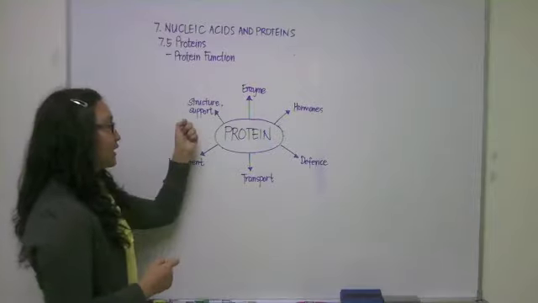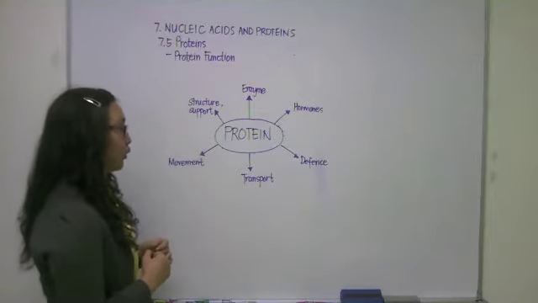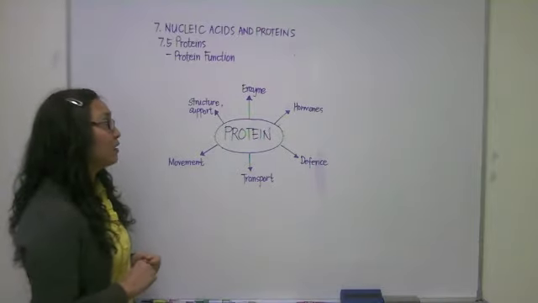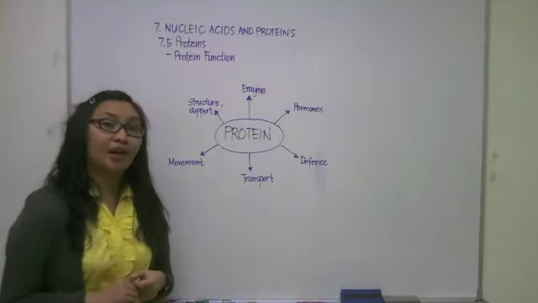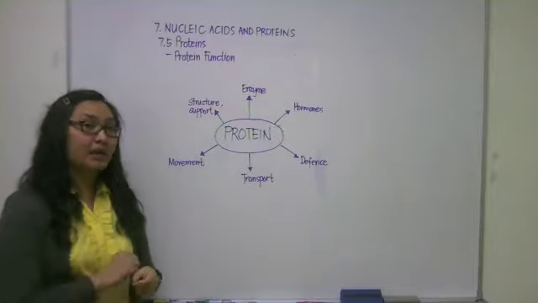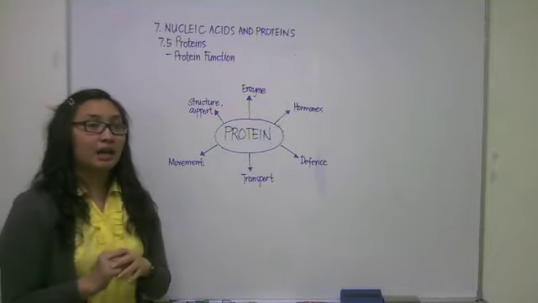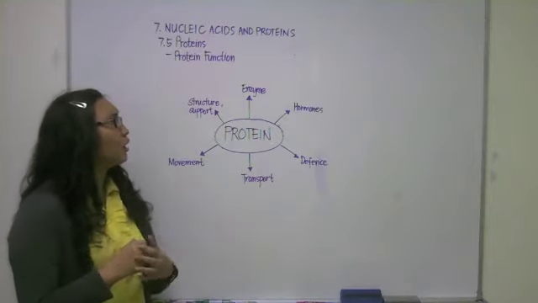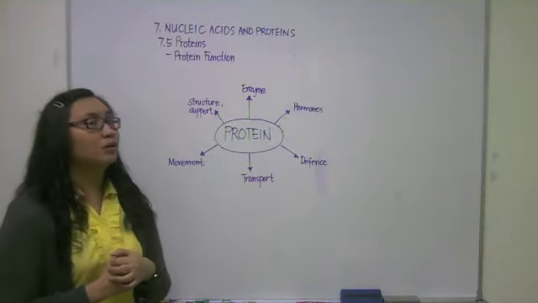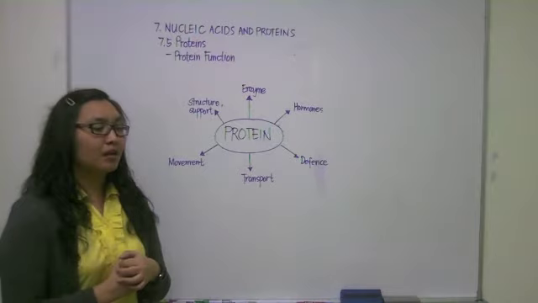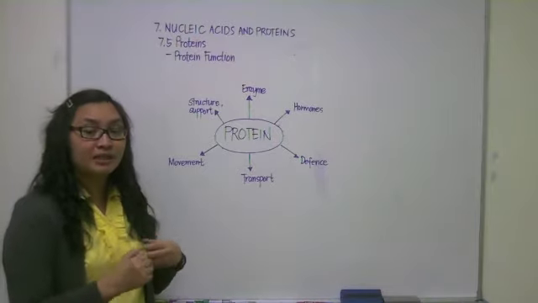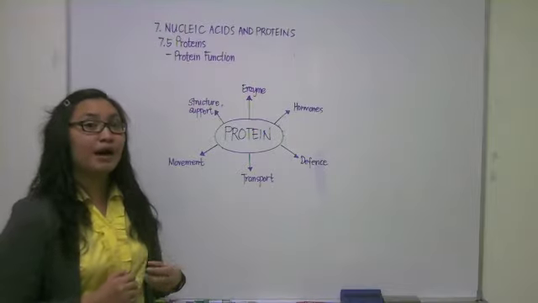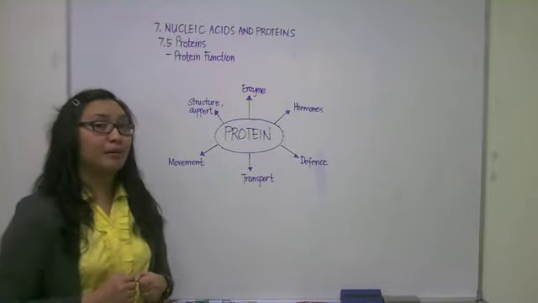Okay. So last but not the least, in the case of structure and support, proteins can serve for this function because of the presence of keratin and collagen in our hair, nails, and skin. There are also collagen fibers that are present in our bones and the cartilages that provide structure and support in our body.